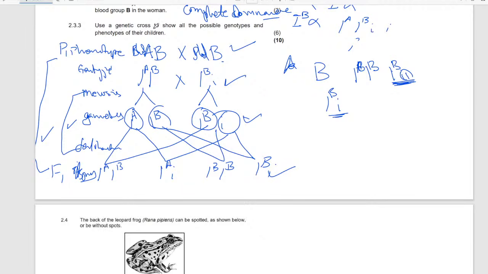Yes, genetic cross show the phenotype and genotype of their children. So the phenotype, this is the blood group. You have phenotype, blood group AB.